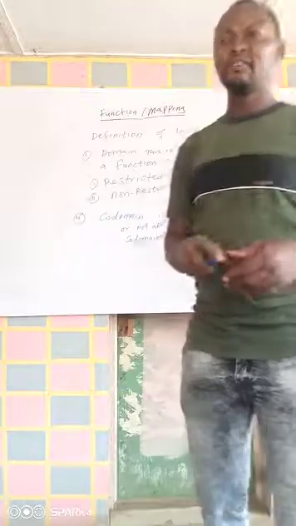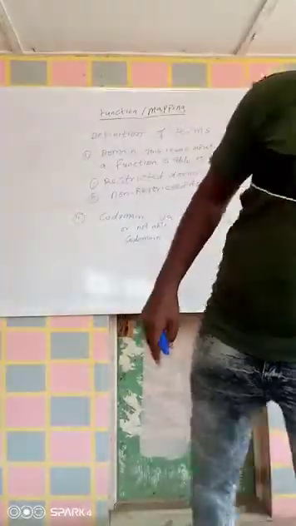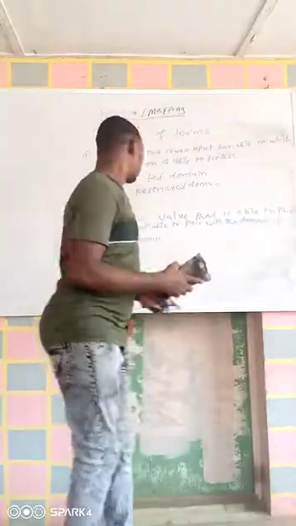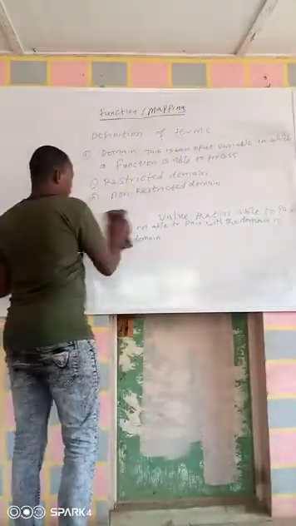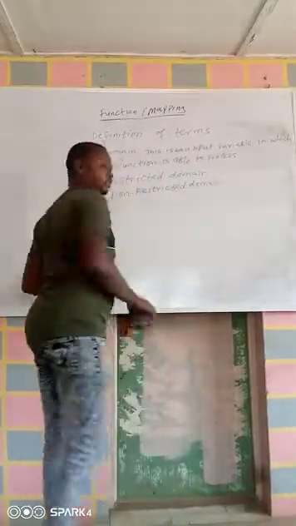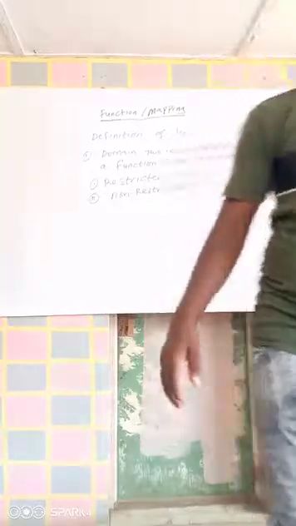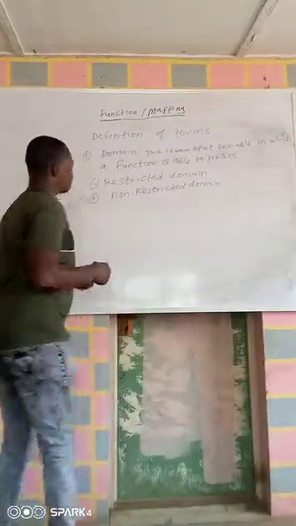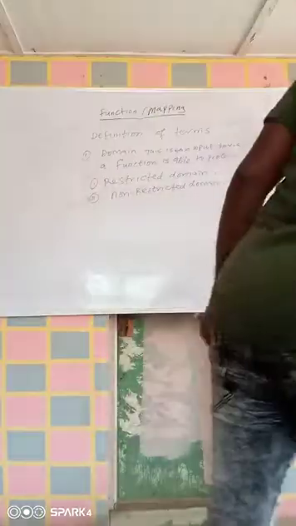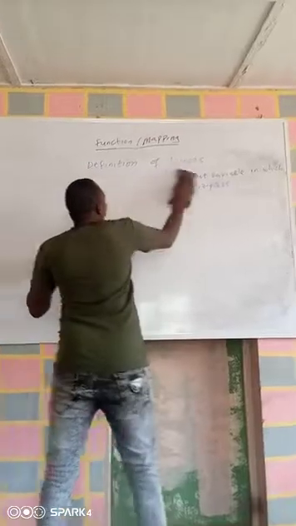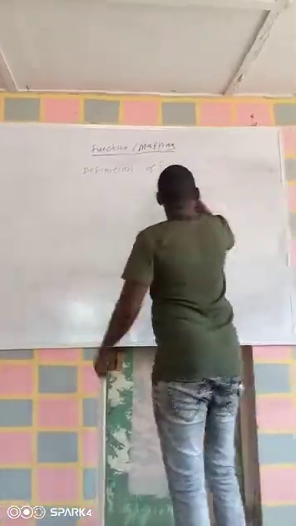We can also have a range. Range is the subset of codomain. Let me write all this down so that I can easily memorize it.